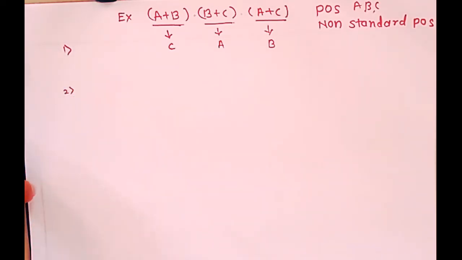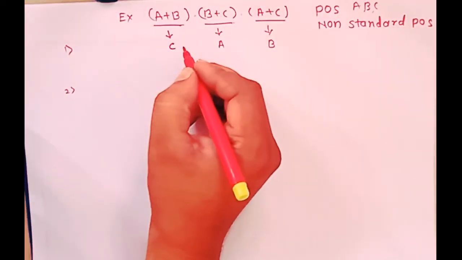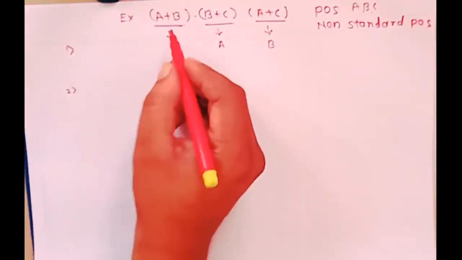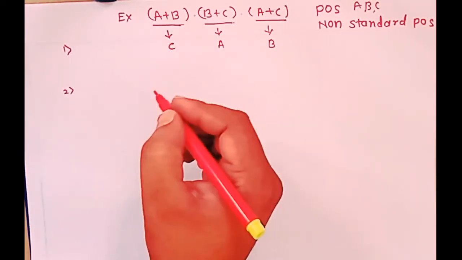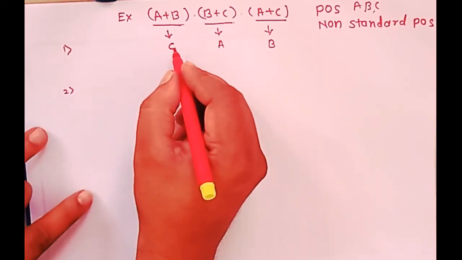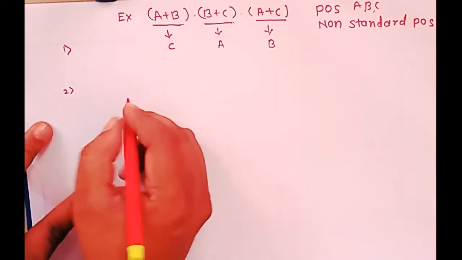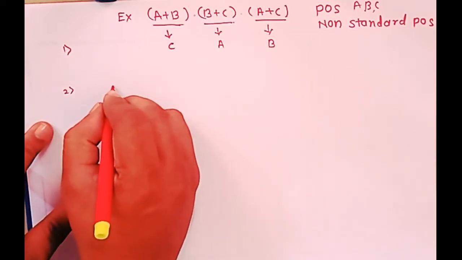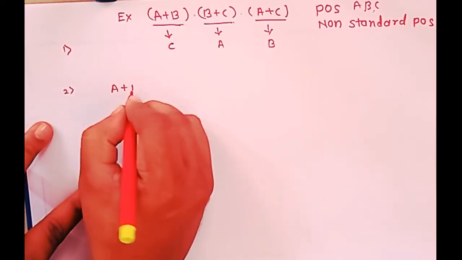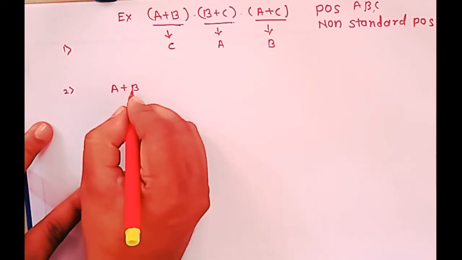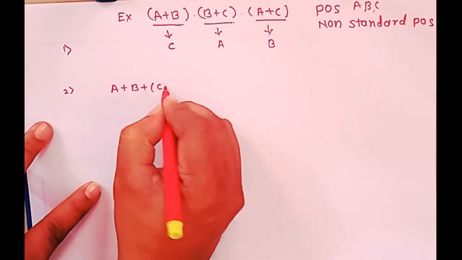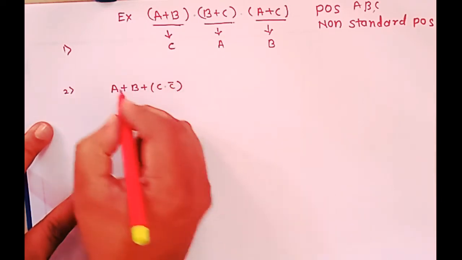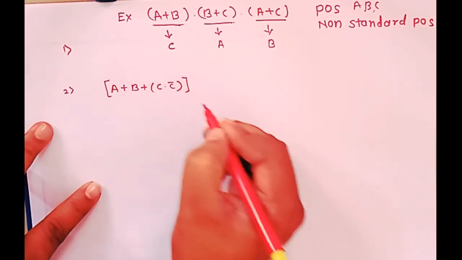Second step, what we have to perform is to add these sum terms with the term formed by multiplication of the missing literal and its complement. So the first sum term is a plus b, plus the missing literal c and its complement c bar, so this is our first term.